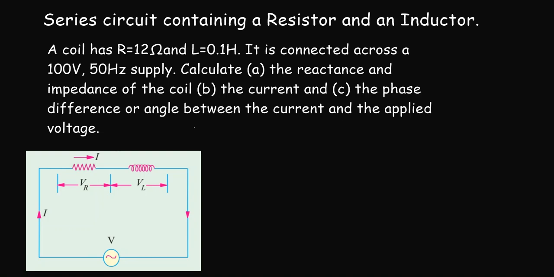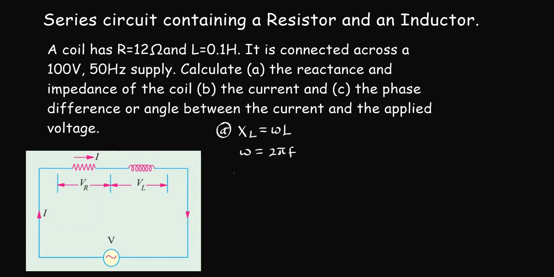You have to calculate the reactance in this circuit, and the only reactance you have in this case will be the inductive reactance. That will be XL, equal to the product of omega and the inductance. Omega, the angular frequency, is equal to 2 pi f.